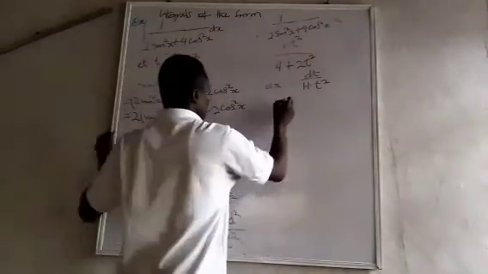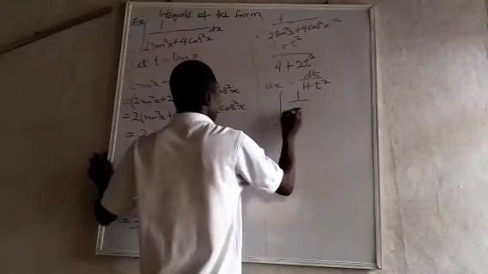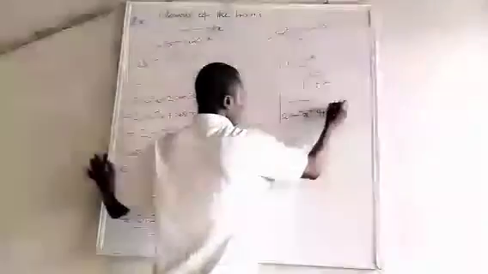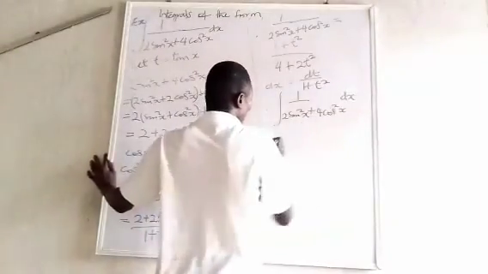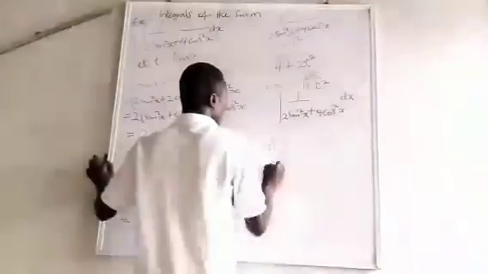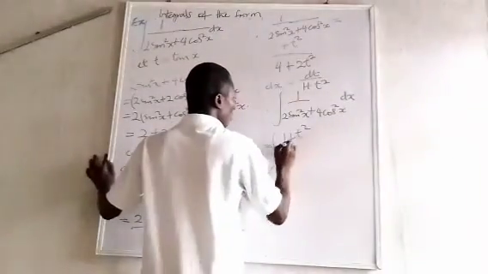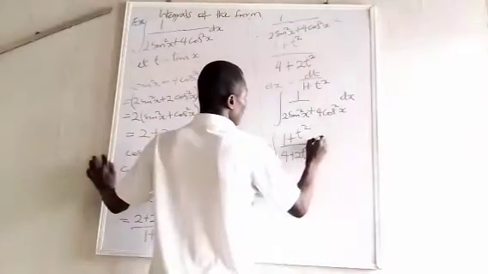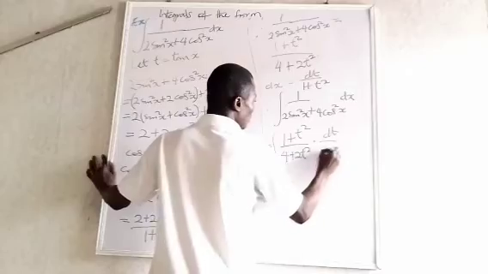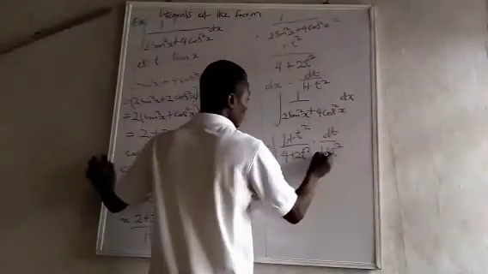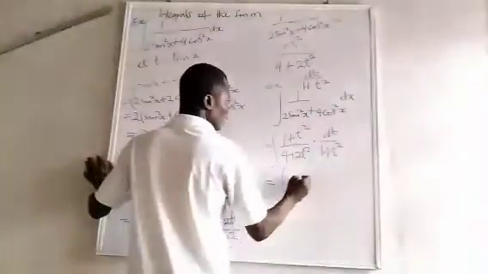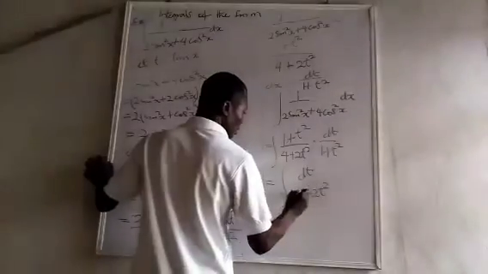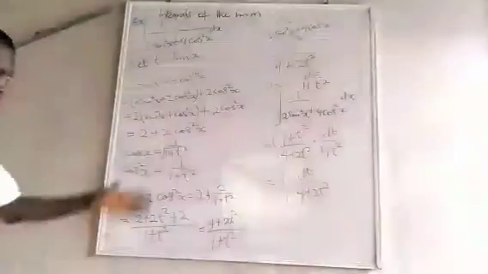Therefore, this expression, 1 over 2 sine square x plus 4 cos square x dx, will be equal to 1 plus t squared over 4 plus 2t squared times dt over 1 plus t squared. So I'm going to have dt over 4 plus 2t squared. So you can see that the job has now become very simple to handle.